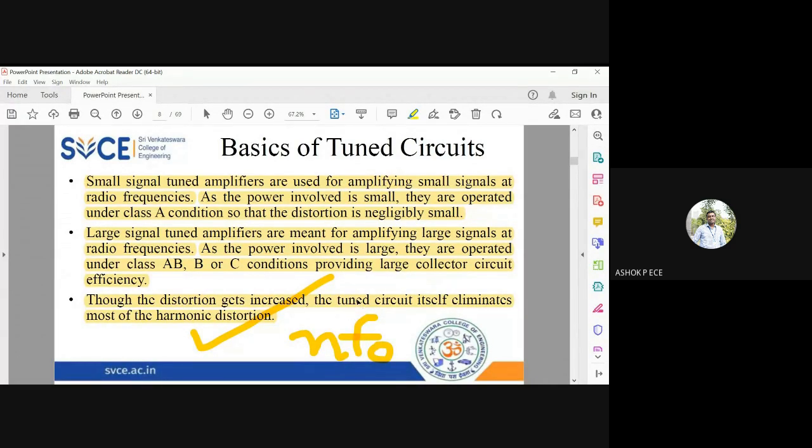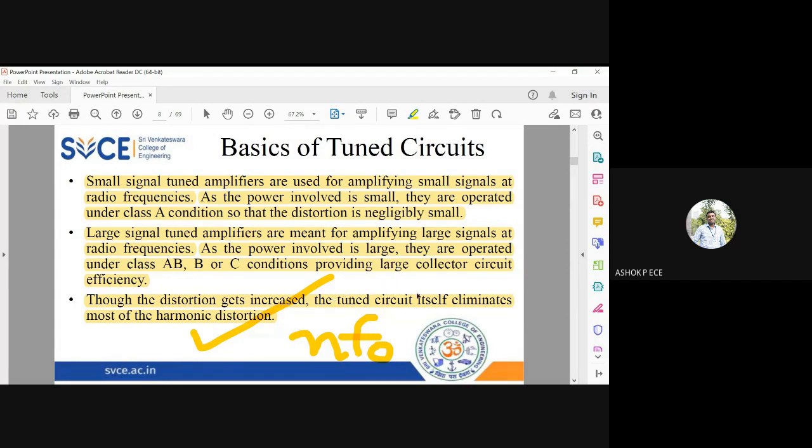Okay, so since your tuned circuit works only at F naught, other than F naught, from 2F naught to NF naught, whatever frequency comes inside your tuned circuit, it is going to eliminate that frequency by default because it is designed to work only at that particular frequency F naught. So indirectly, this tuned circuit will remove the noise from your circuit.